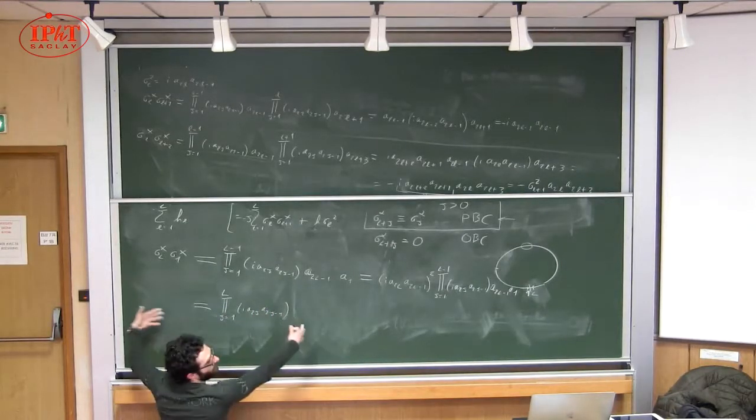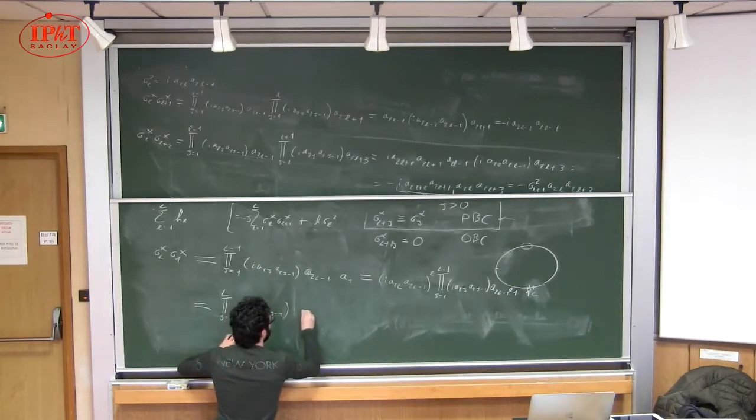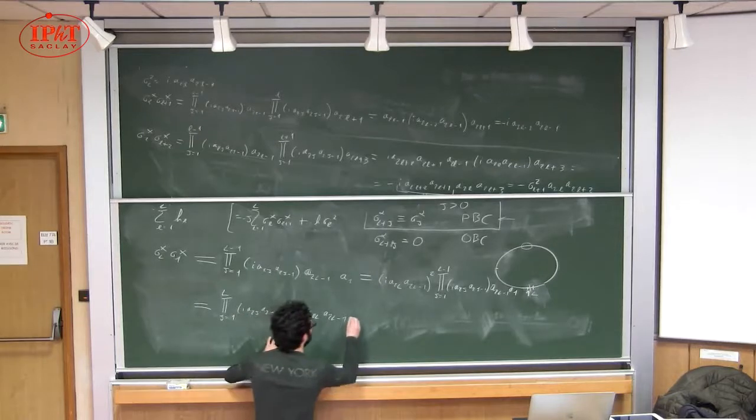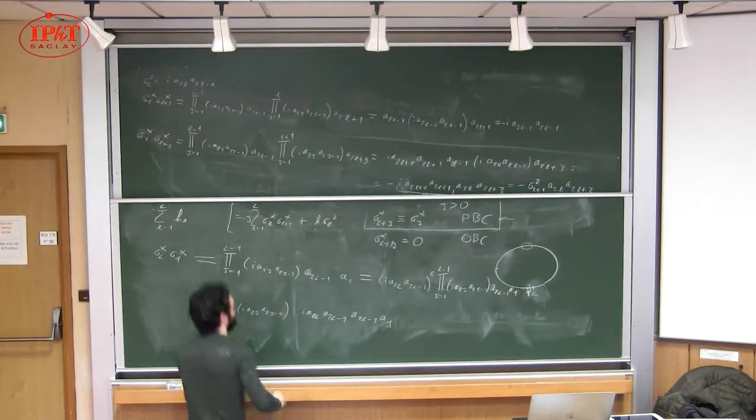You have all the Majorana fermions here, multiplied by i a_{2L} a_{2L-1} ... a_2 a_1.